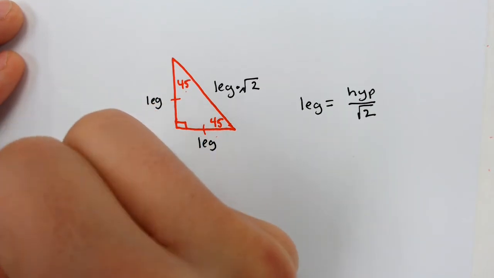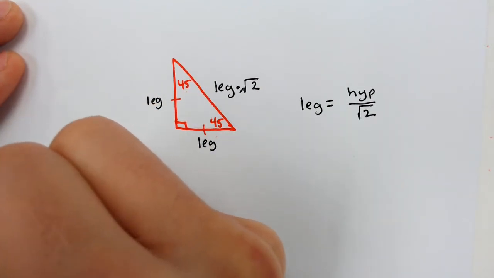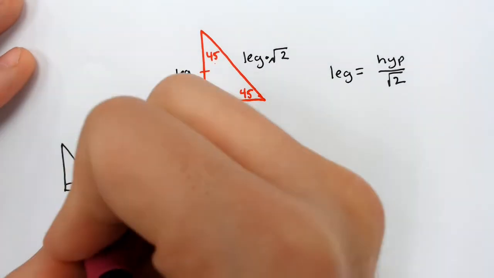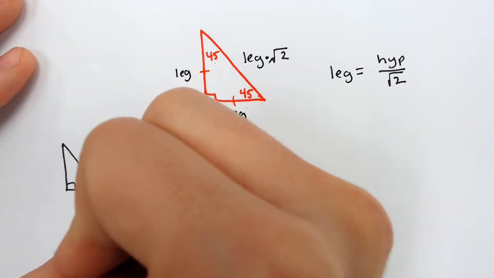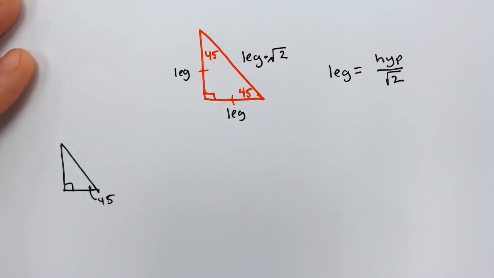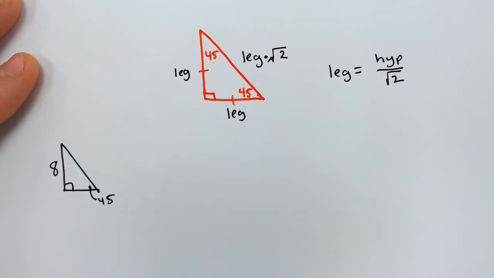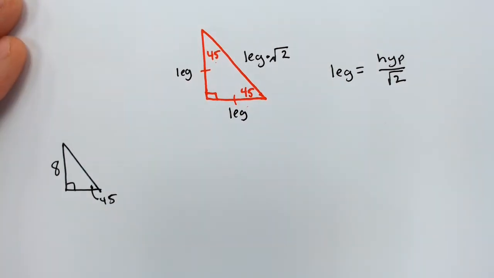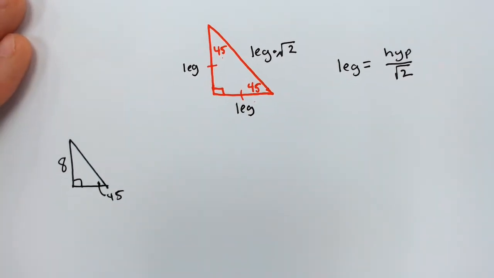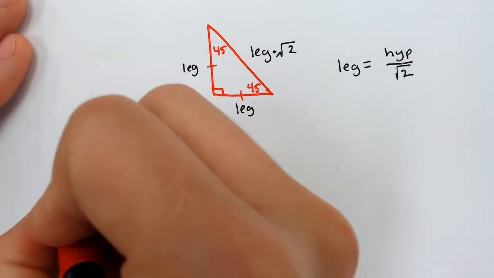If I have a right triangle, like so, and if these are both 45 degrees, then if I knew that one of the legs was 8, I could figure out every other part of this triangle, because I would know that the other leg would have to be the same.